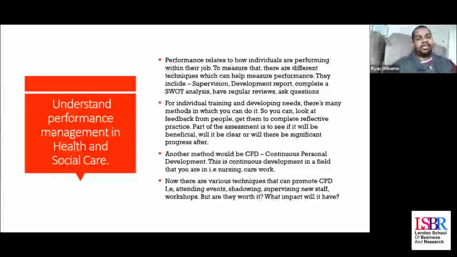That one is key because you'll have a supervisor within your team, and if they want to see how you perform, they may just come and see what you do on a day-to-day basis. So they may do random spot checks. They may not tell you when they come in, or they will agree with you a certain day and a certain time for you to show them how you perform in your job.